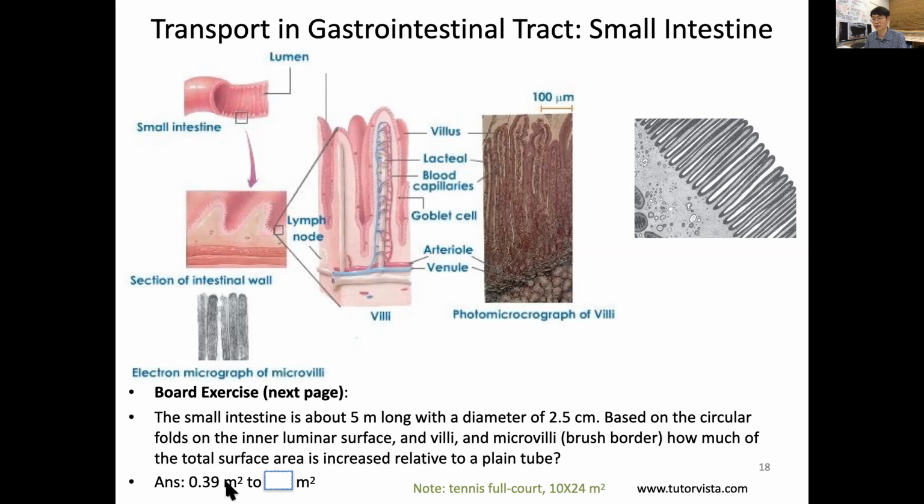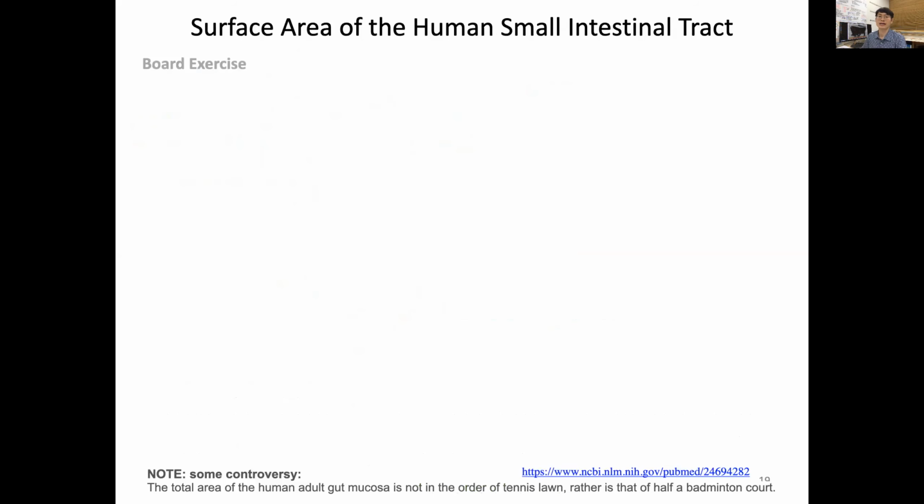The answer, I wrote it down, is about 0.39 or 0.4 square meter for the plain tube, to 235, hundreds of fold. As a comparison, I put a full tennis court as 10 meters by 24, so total 240. So this is very comparable. Our small intestine is like a whole tennis court folded down and put into our tube. So let's work on this as a board exercise.